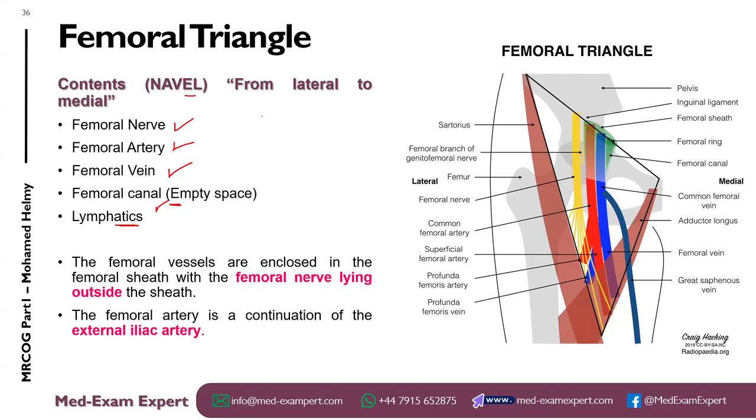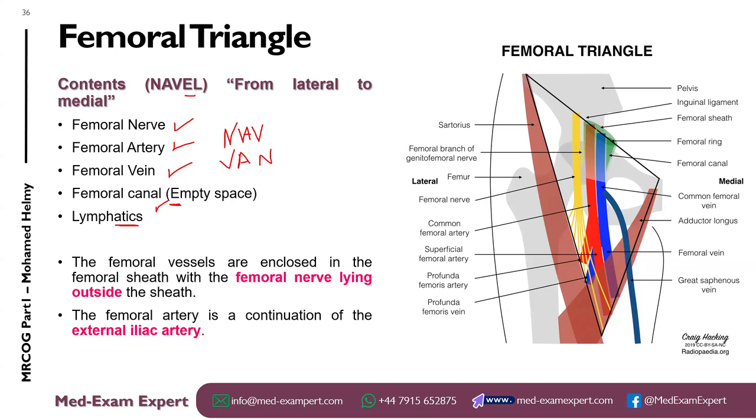These are the contents of the femoral triangle from lateral to medial. When we want to talk about the main things, the nerve, artery, and vein, they are NAV from lateral to medial, or VAN from medial to lateral.